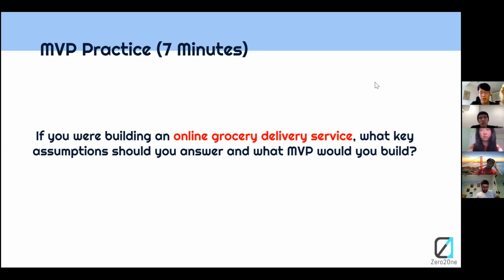Okay, let's try a breakout room for 7 minutes. There's assumptions, your idea, and the spec and timeline. 3 key things.